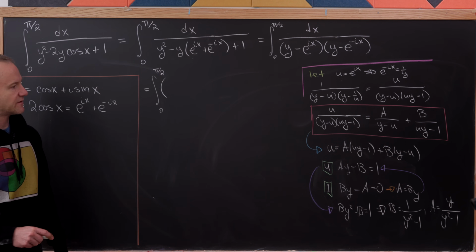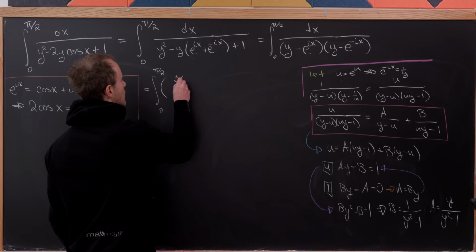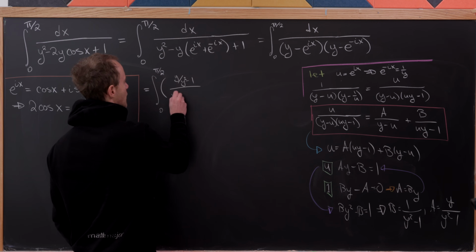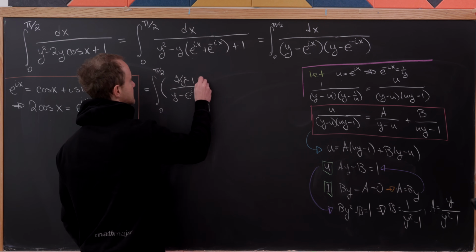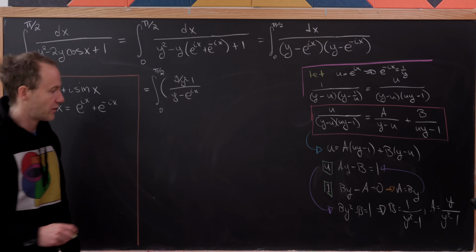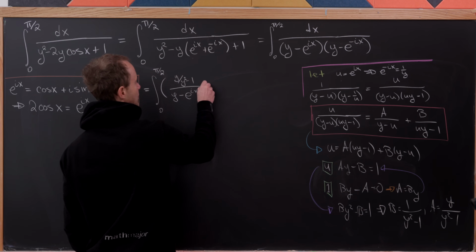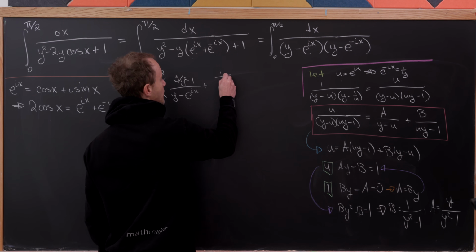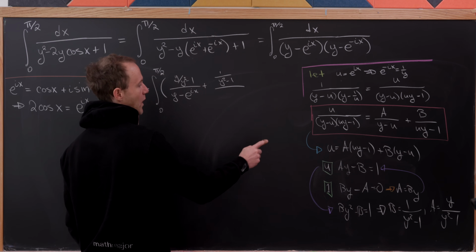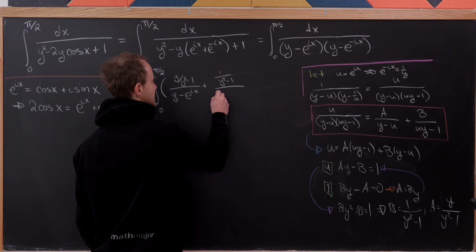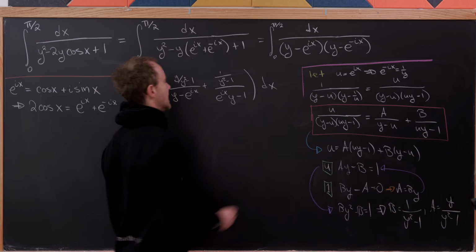So observe that that will be y over y squared minus 1 over y minus e to the ix. And then we'll have plus b over e to the ix times y minus 1. So that'll be plus 1 over y squared minus 1 over, like I said, y times e to the ix minus 1, dx.